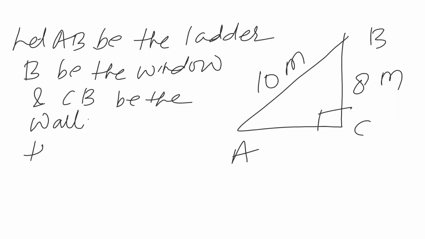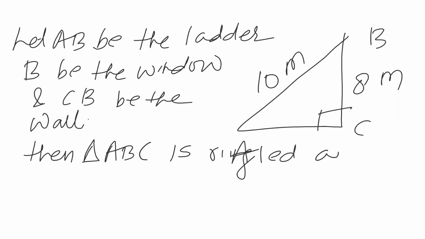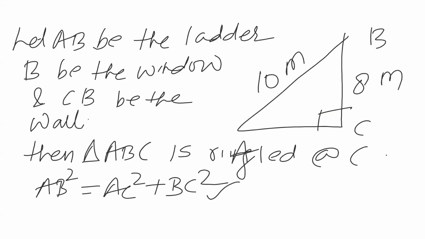Then triangle ABC is right angled at C. Using Pythagoras theorem, AB² equal to AC² plus BC². Now you can proceed with it. Yes? Okay.